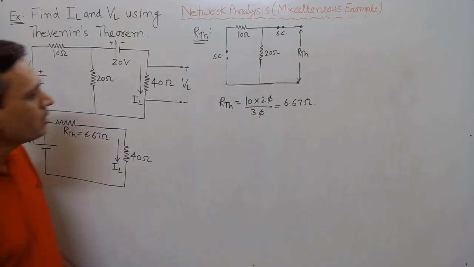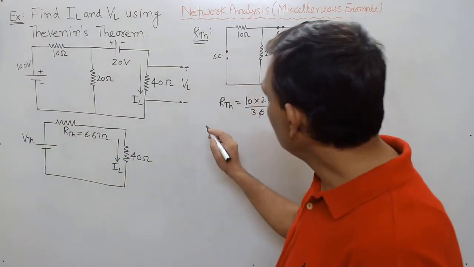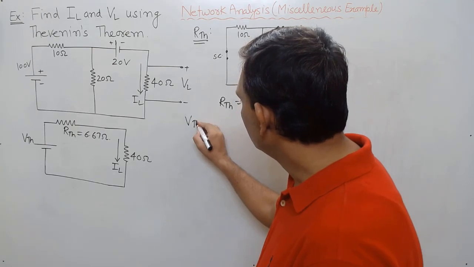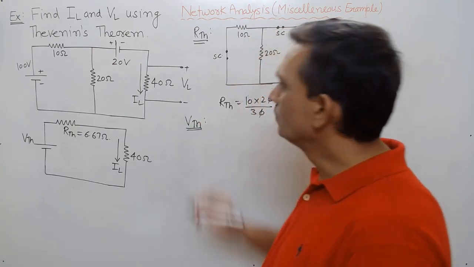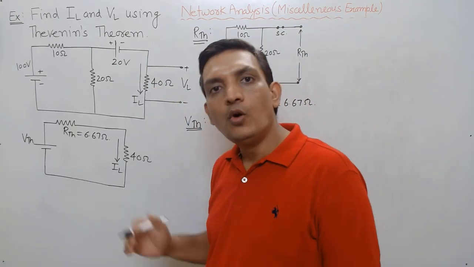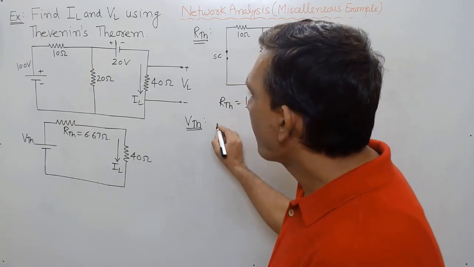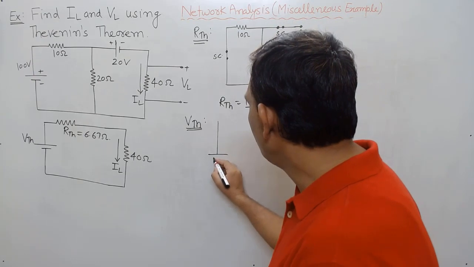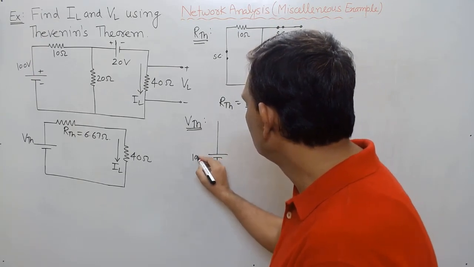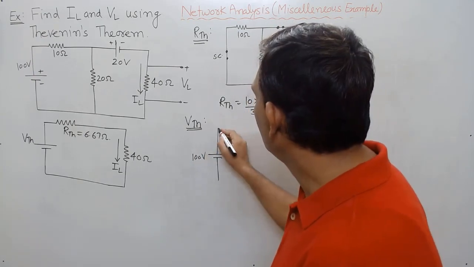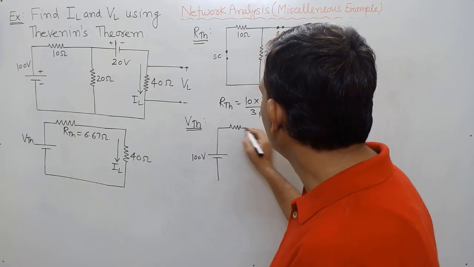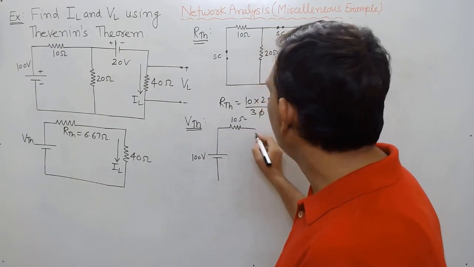So for VTH, again you have to draw the equivalent. So VTH is open circuit voltage. So in this case, this is 100 volt and you have 10 ohm resistance. This will be 10 ohm.